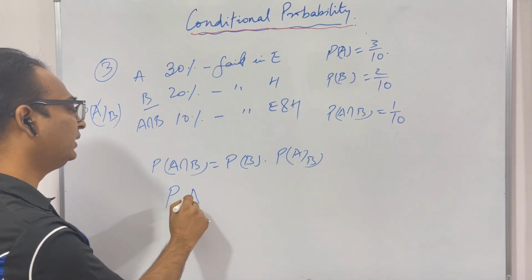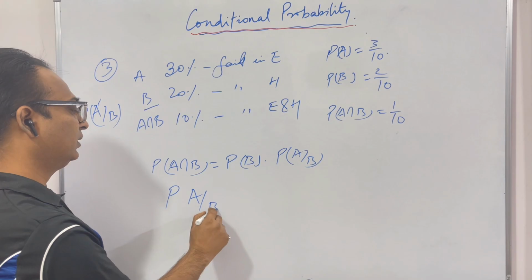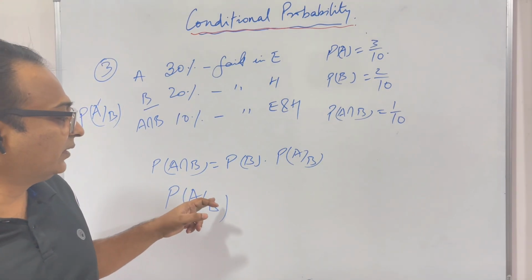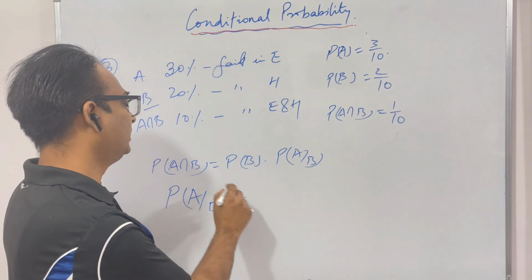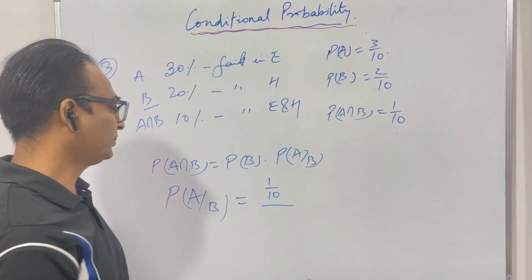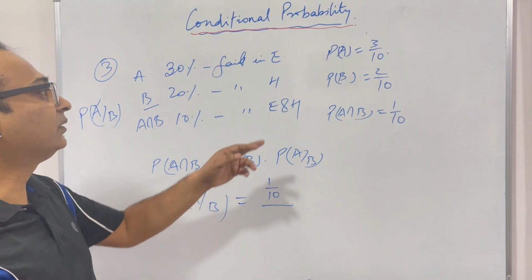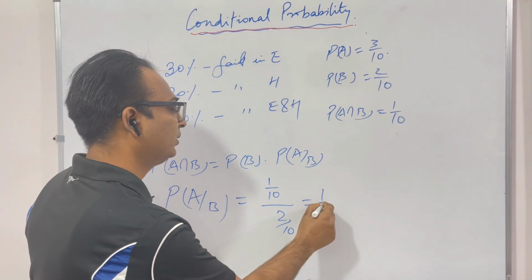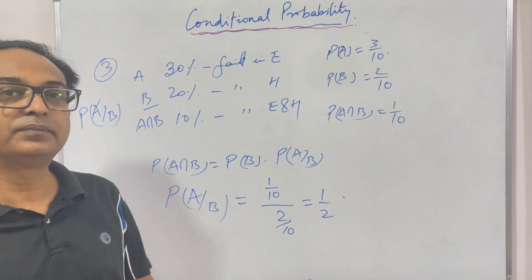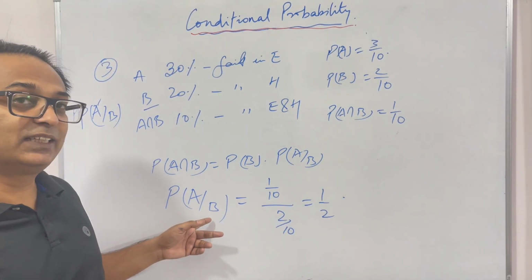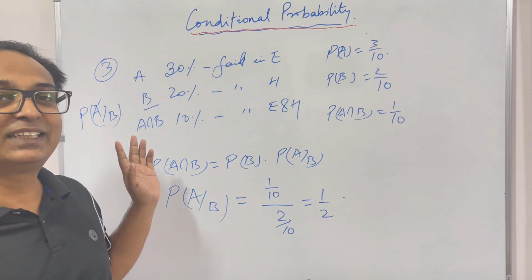Therefore, the probability of a student failing in English when he has already failed in Hindi is given by P(A/B), that is 1 by 10, divided by P(B). What is P(B)? 2 by 10. So the answer is 1 by 2. There is a 50% chance that if he has failed in Hindi, he has also failed in English.